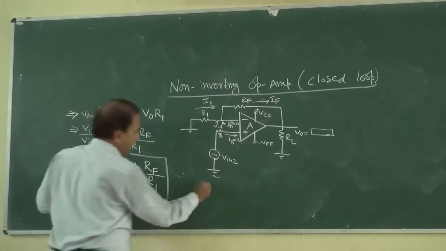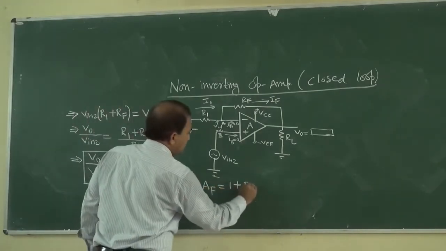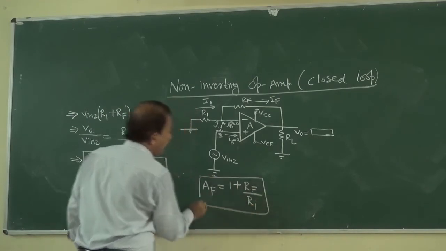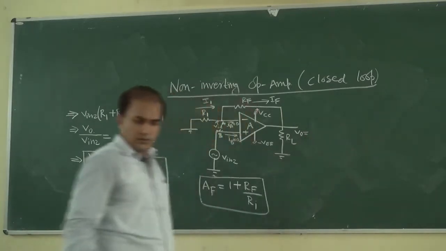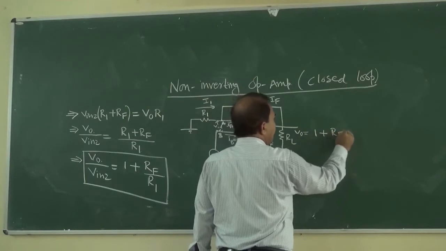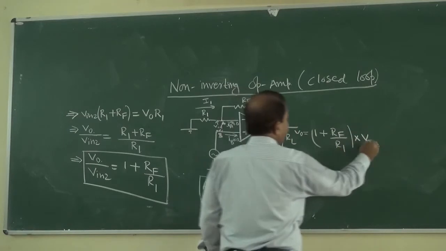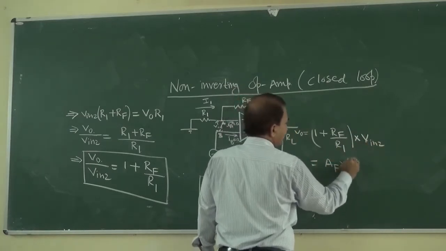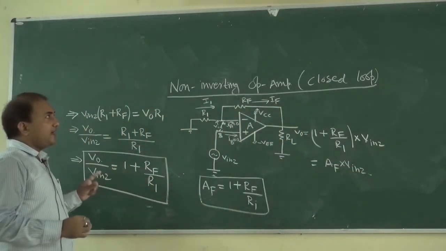Okay, so AF here is equal to 1 plus RF by R1, and we can express V output as 1 plus RF by R1 into V in, so it is equal to AF into V in. So what is this AF?